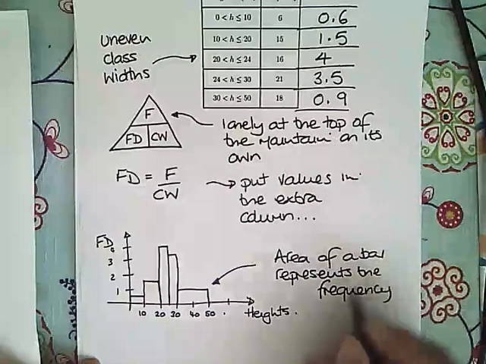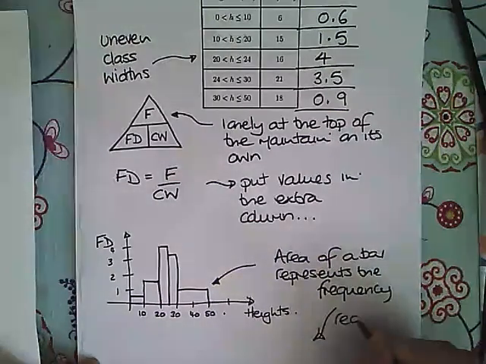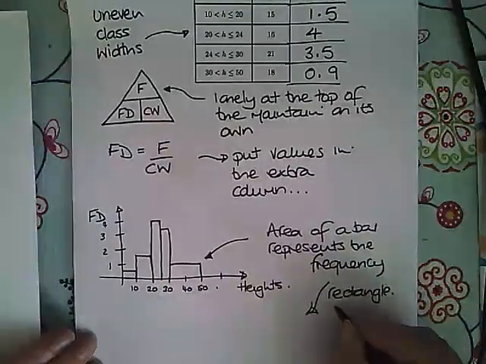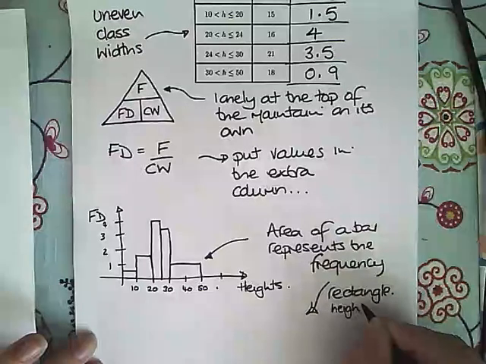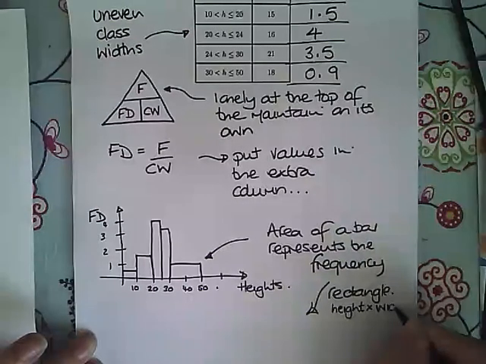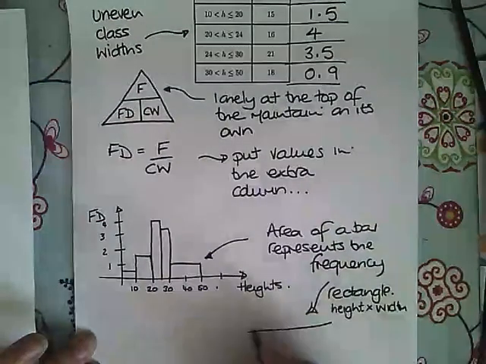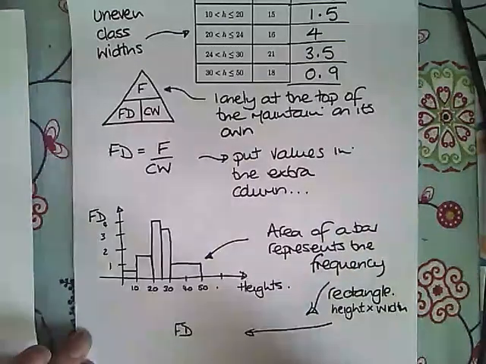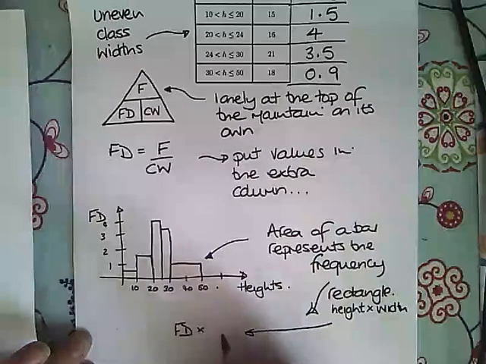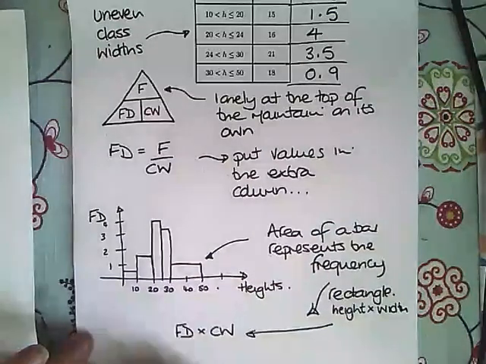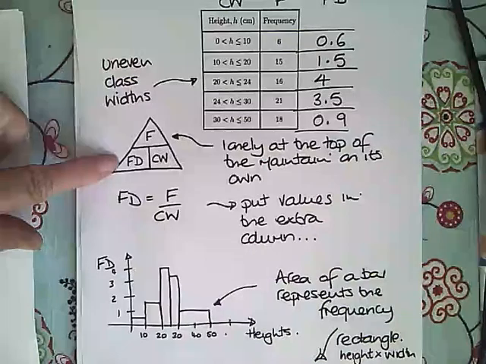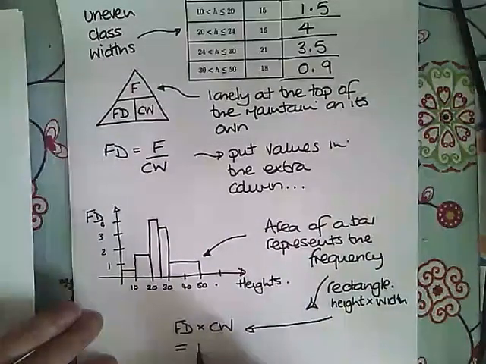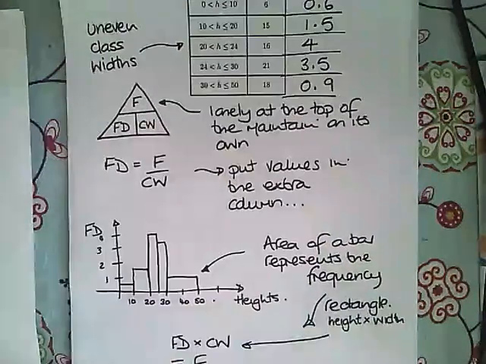Because if we find out the area of a rectangle, then it is the height times the width, and the height in this case is the frequency density, and the width is the class width. And if we look up here, we've got the frequency density times the class width, and that would give us the frequency. Thank you for watching.